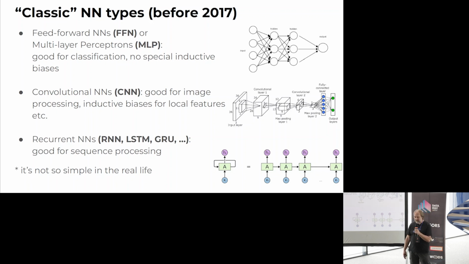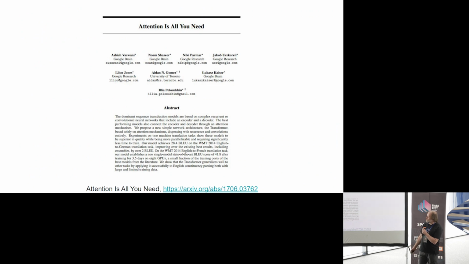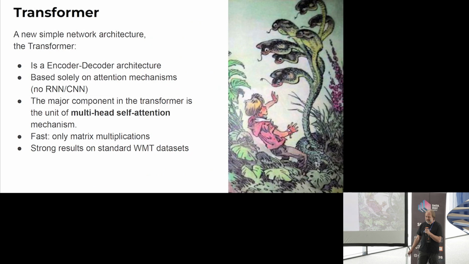But in reality, life is not so simple, because there were good sequence models, like for machine translation, that were convolutional neural networks. For example, Meta's team with Yann LeCun published several interesting works like that, but overall it's more or less true. The situation changed in 2017. Every one of you knows this paper: the Transformer emerged.